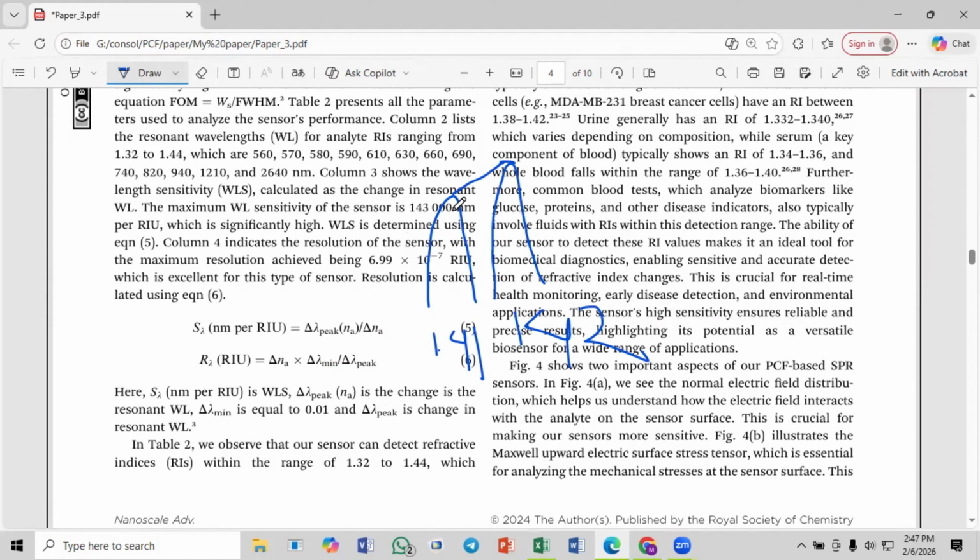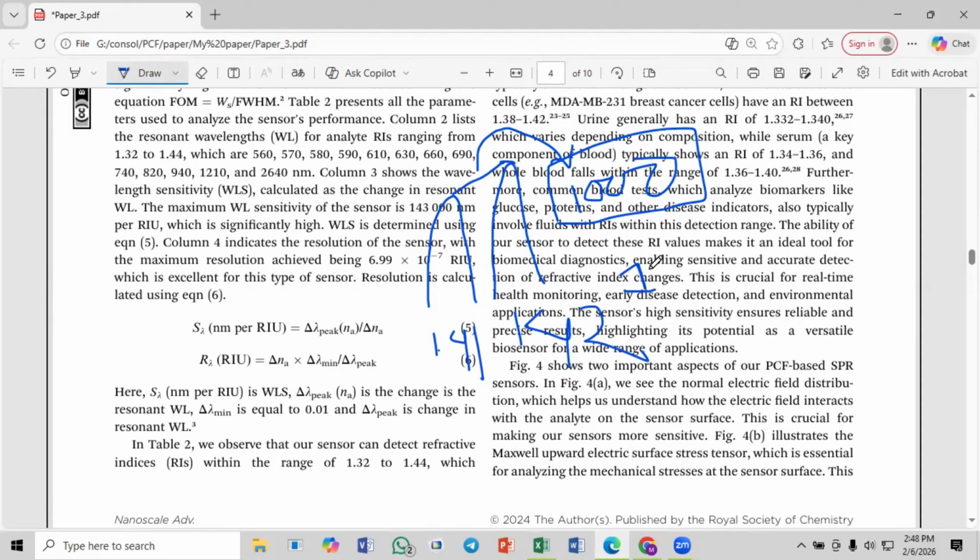That's how we calculate wavelength sensitivity. For example, the wavelength sensitivity between these two refractive indices is 1000. This 1000 is the sensitivity per one refractive index unit.